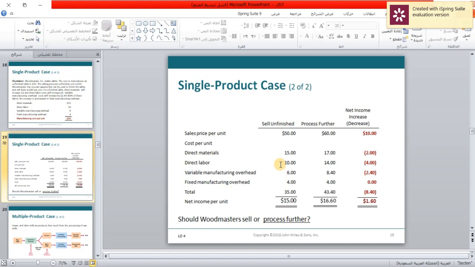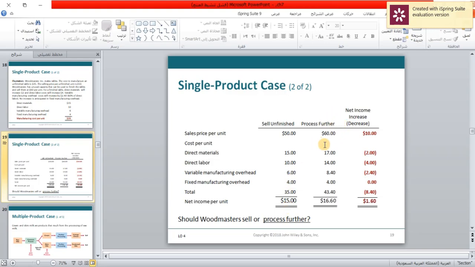The current cost for production cost per unit for unfinished is $35. Net income per unit, the difference between the $50 sales price and total cost of $35, equals $15.